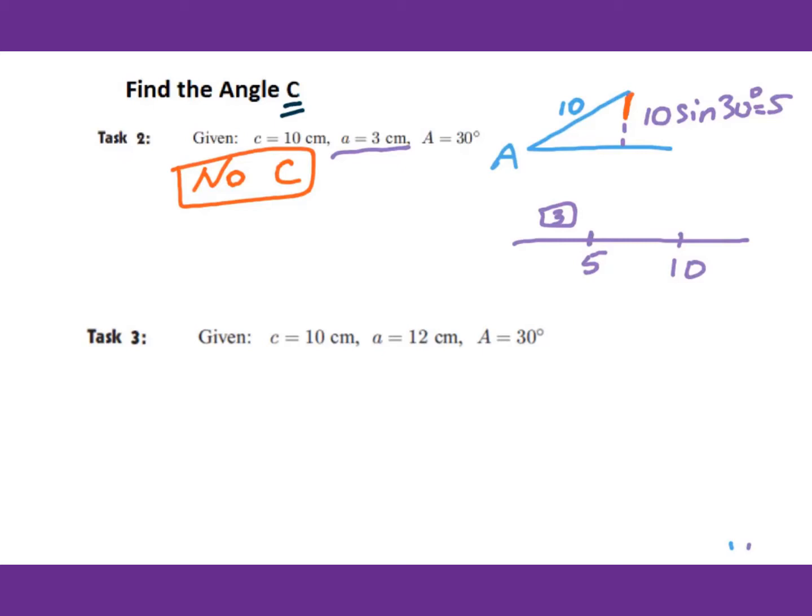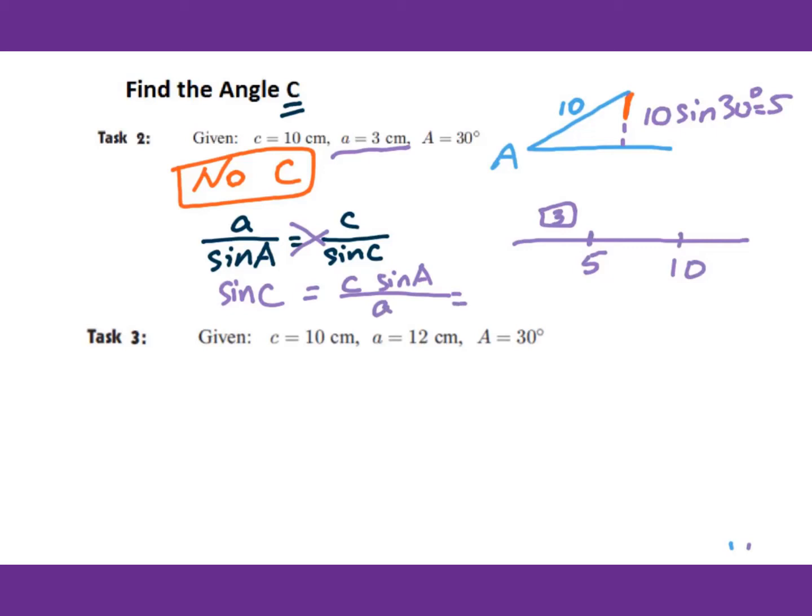You can also use sine law to figure out. We know A over sine A equals C over sine C. And cross multiply. Sine C equals C sine A over A. Then we plug in.